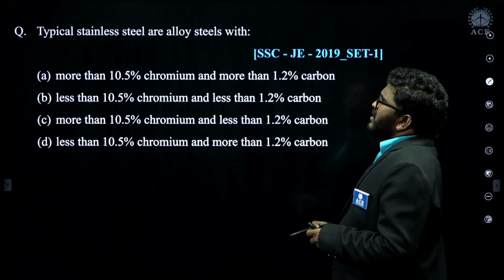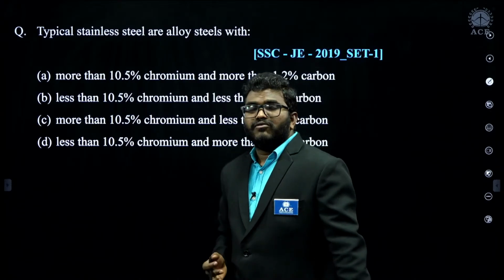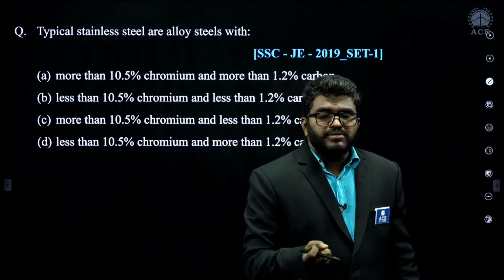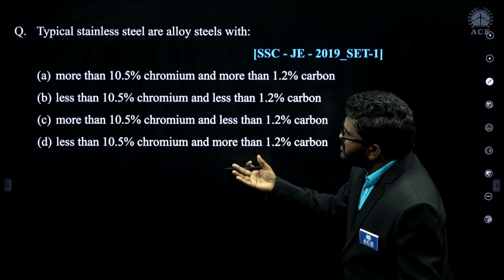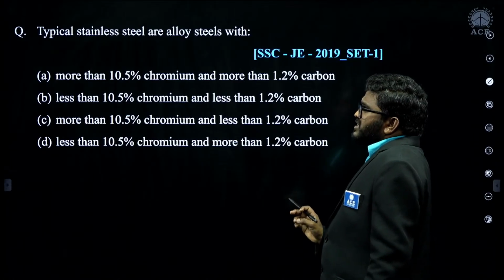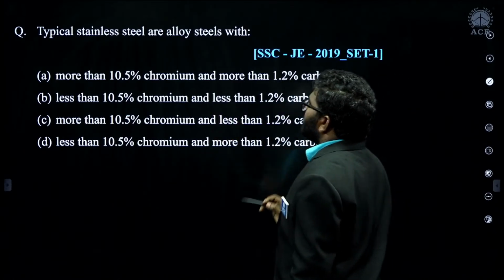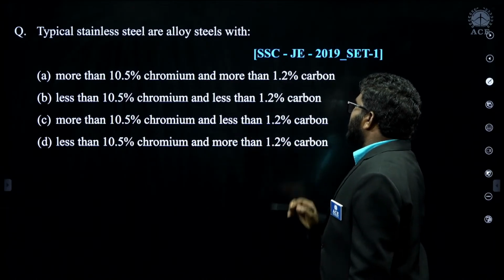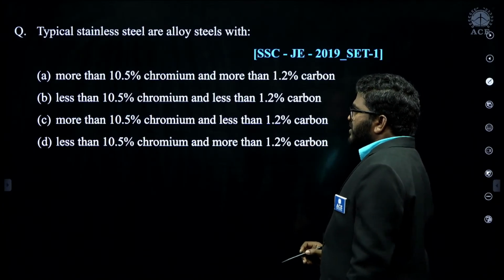Now, typical stainless steels are alloy steels with, what is stainless steel? At least a minimum of 11% chromium is required, then it is a stainless steel. Now see here in the options it is given 10.5. So more than 10.5% chromium and more than 1.2% carbon, less than 10.5 chromium, more than 10.5 chromium and less than 1.2% carbon.